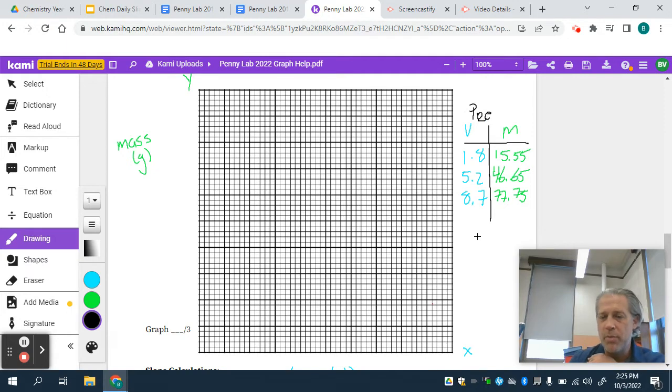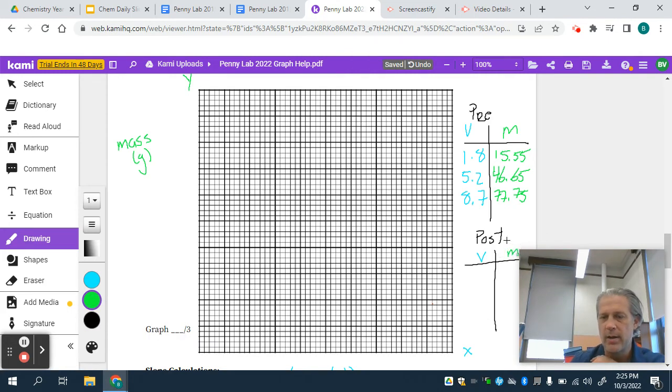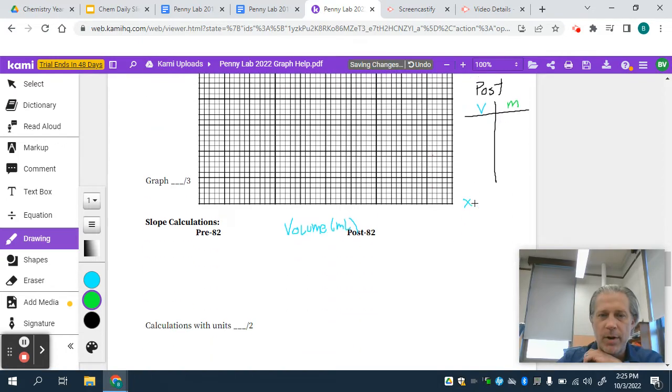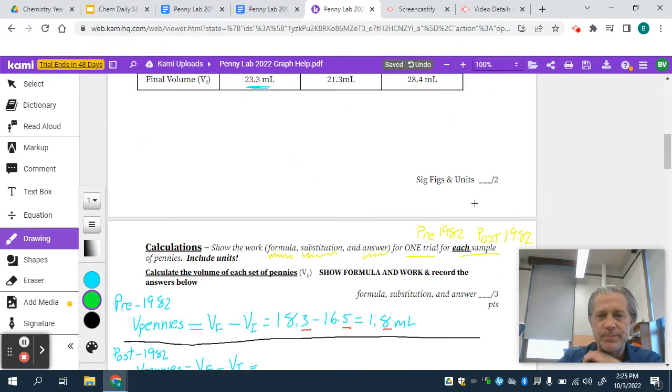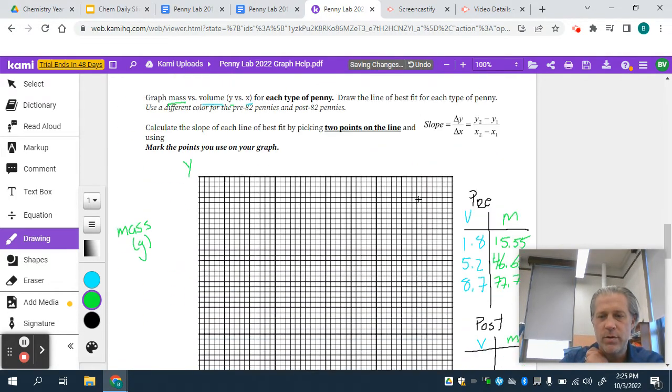Okay. And then for post-1982 pennies, I'm going to make another T-chart. Again, it's going to be volume on my x and mass on my y. I'm going to go all the way back up and grab my masses, which are 12.51, 37.50, and 62.49.